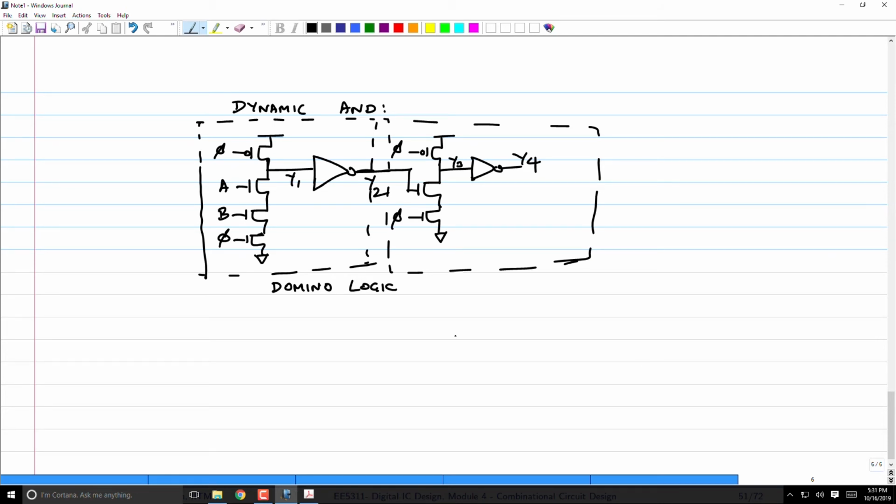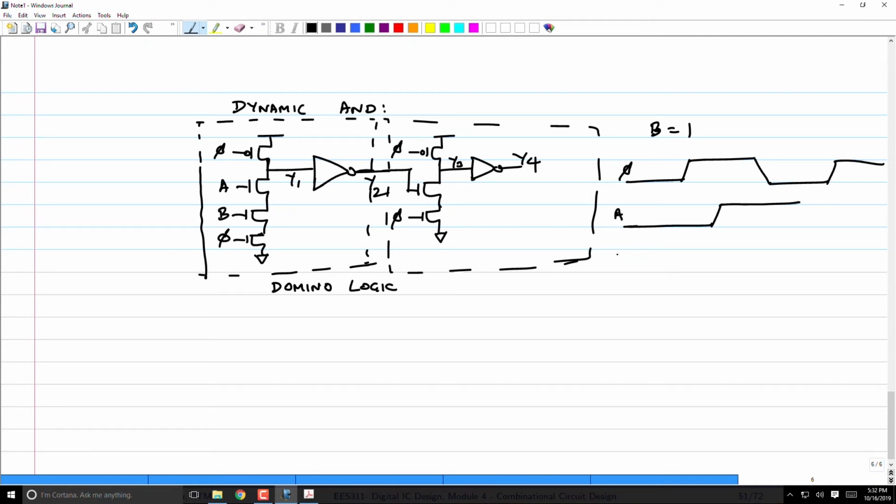Okay. So let's just draw a waveform with a simple case here. Phi. Let's assume B is equal to 1 always. A is going monotone increasing somewhere here.